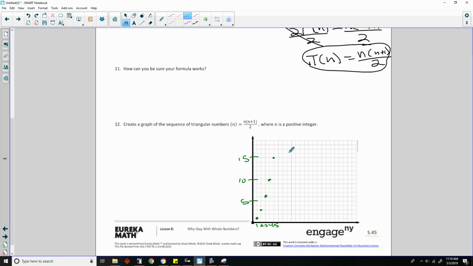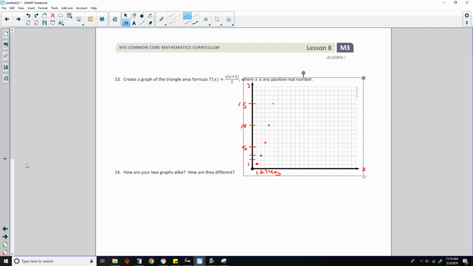Now what we need to pay attention to is the wording. It says create a graph of this sequence where n is a positive integer. So 1's an integer, 2's an integer, 3, 4, 5 are all integers. But then when I move to 13, it says where x is any positive real number. What's the difference between our graphs? Well, I can start at 0 and it's any value in between.